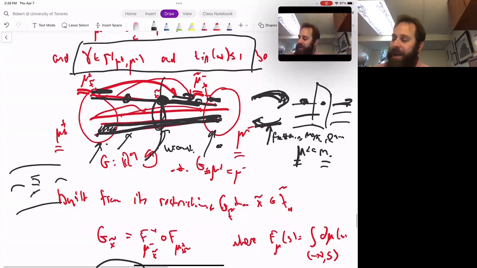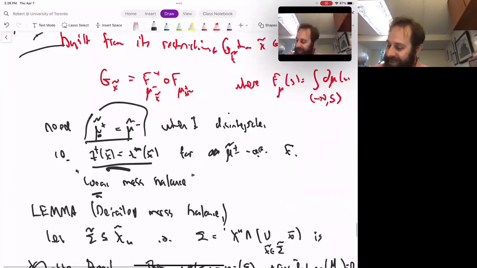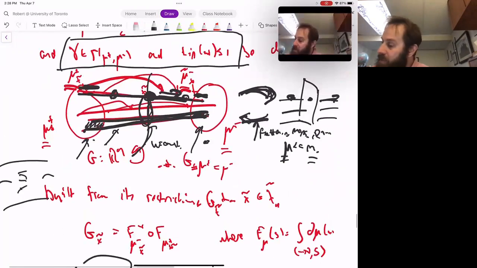And so you construct the map G separately on each cluster. And again, the key thing is knowing that as you move along this level set of u, the ray directions are varying in a Lipschitz continuous fashion. And that will be true.